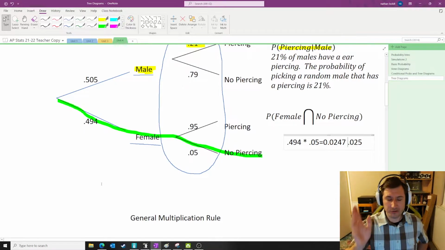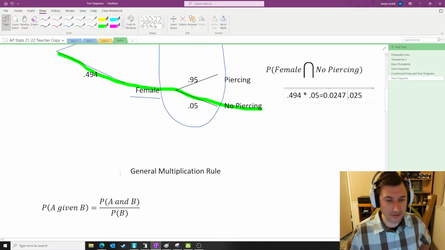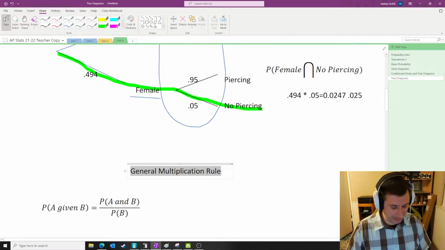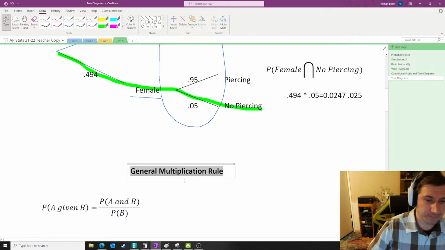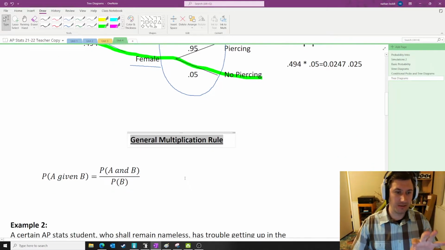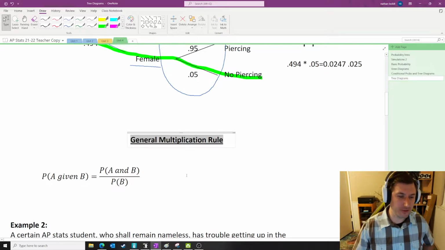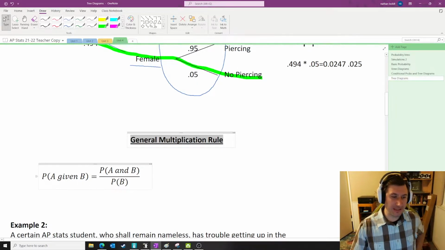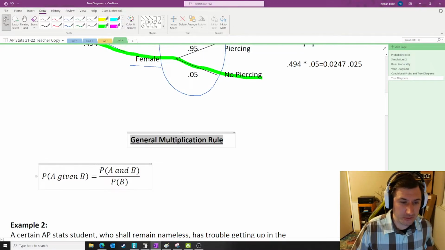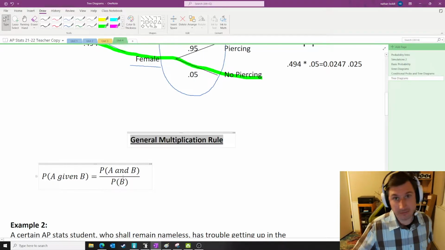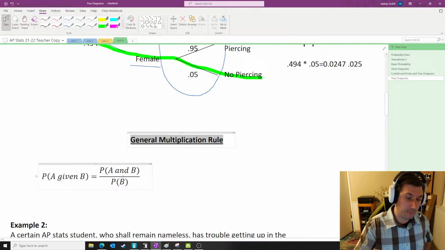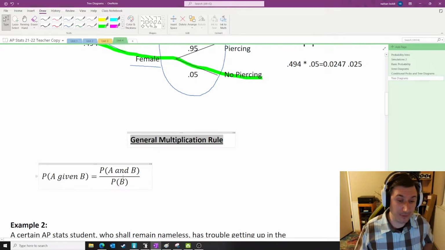Now, how's another way we can explain that? Well, it's with this general multiplication rule. Here's the formula we used on Friday. The probability of A given B is equal to the probability of A and B divided by the probability of B. That's our conditional probability.